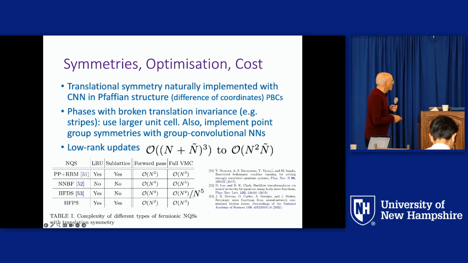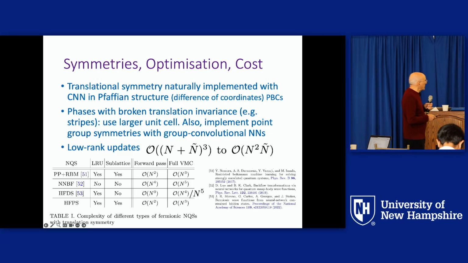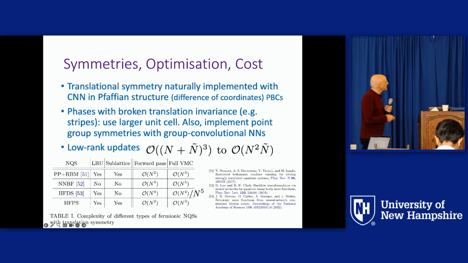Basically, if you don't implement sublattice symmetries and you don't do low rank updates, which is also something that we are not always doing in the HFDS framework, this would scale like n to the 5. By going to these hidden fermion Pfaffians, naturally implementing symmetries with GCNNs, and doing low rank updates of the Pfaffian, you can scale this back to n to the cube.